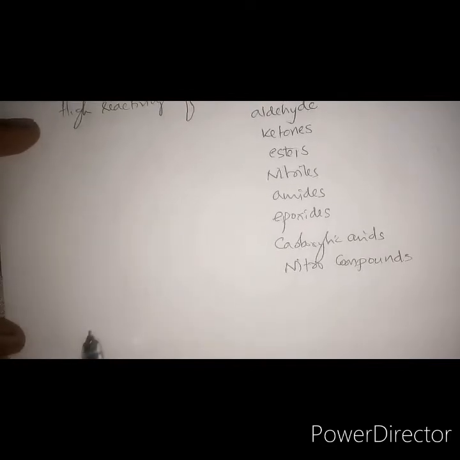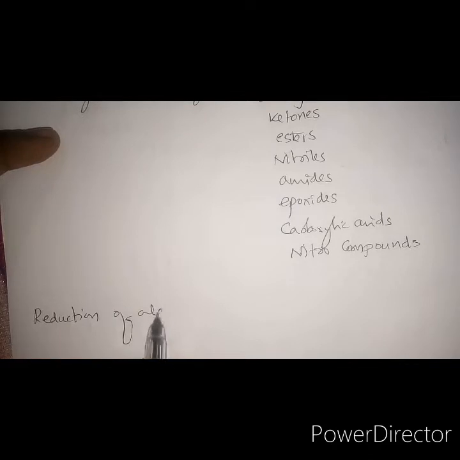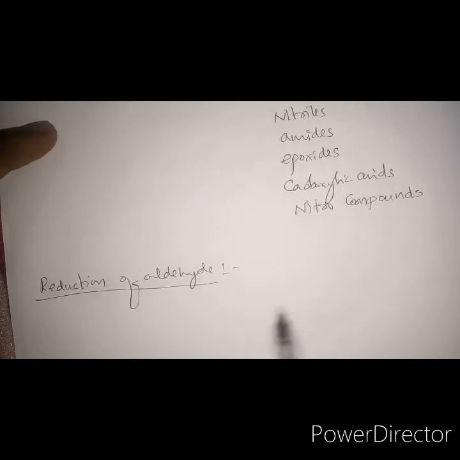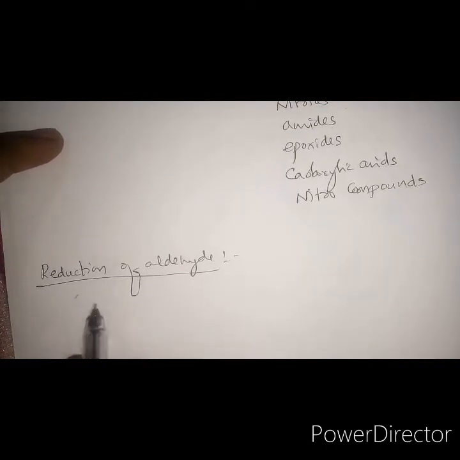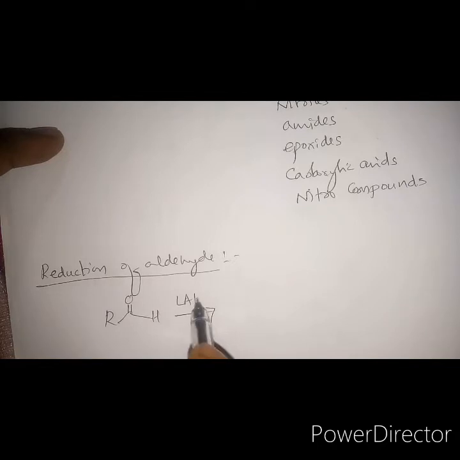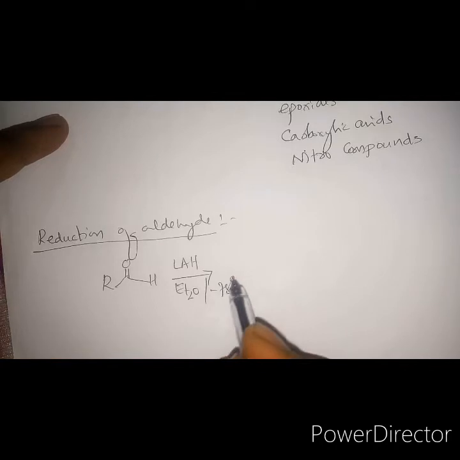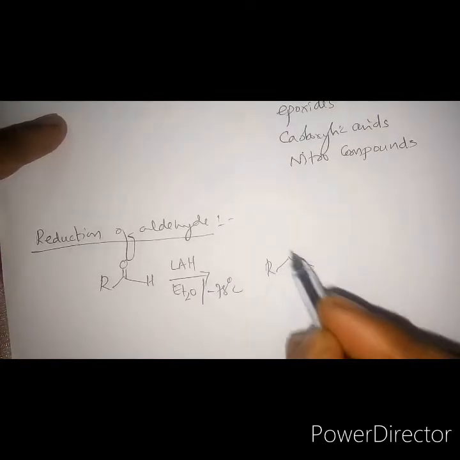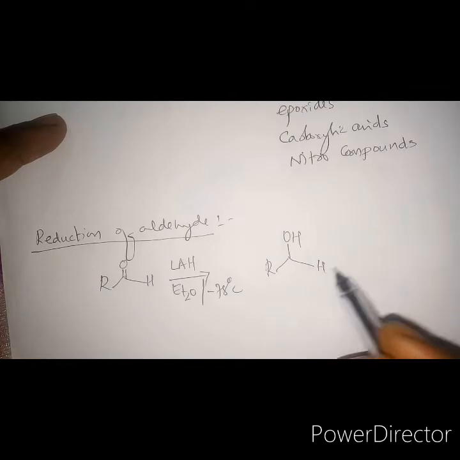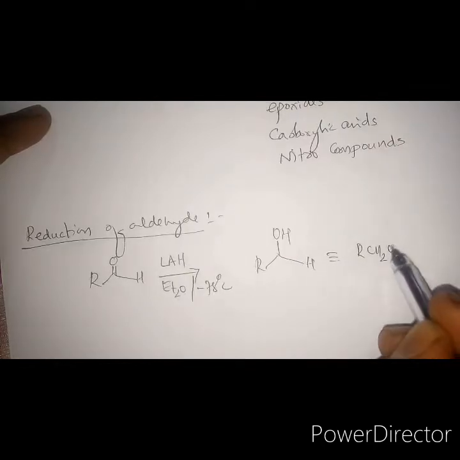Now we will take an example: the reduction of aldehydes. In the presence of lithium aluminum hydride, an aldehyde reduces to an alcohol. We use lithium aluminum hydride with diethyl ether as the solvent at minus 78 degrees Celsius, and it becomes R CH2OH.